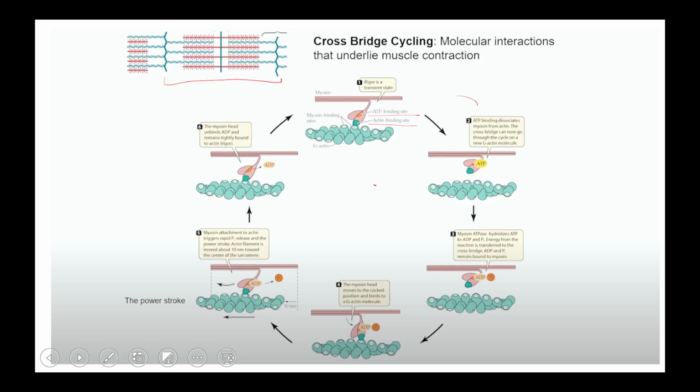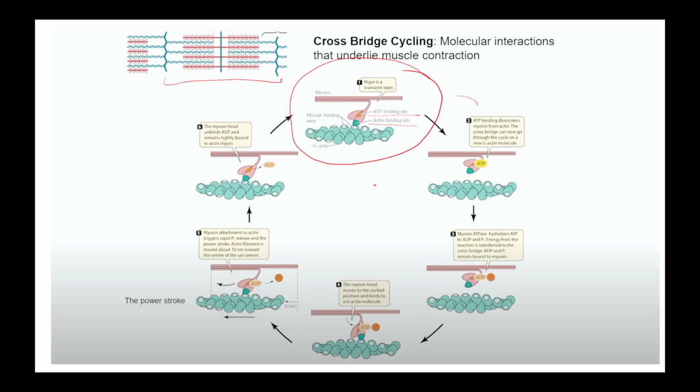So this is a rigor state. This particular state where the myosin is bound to the actin is referred to as the rigor state, and it is usually a transient state. Then after this actin myosin binding, what happens?